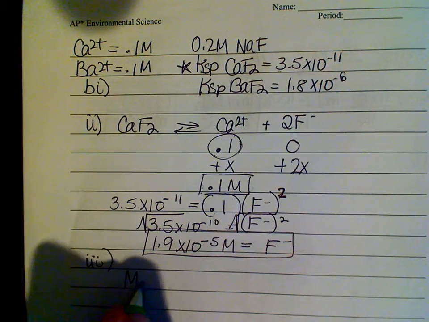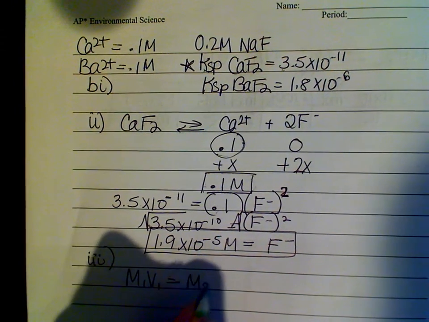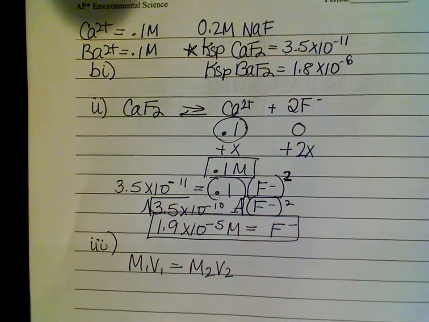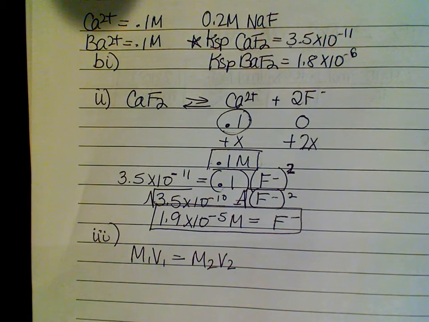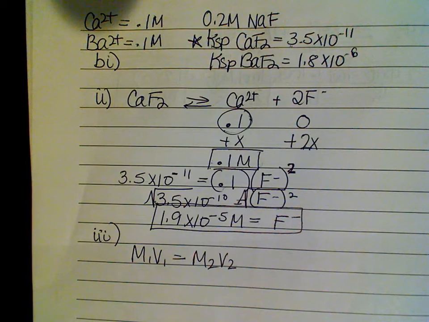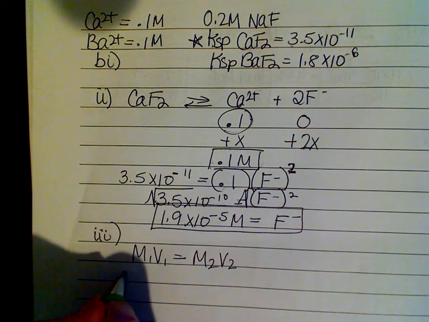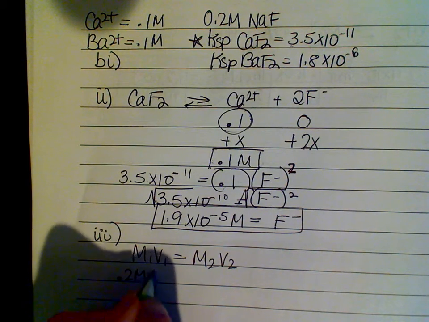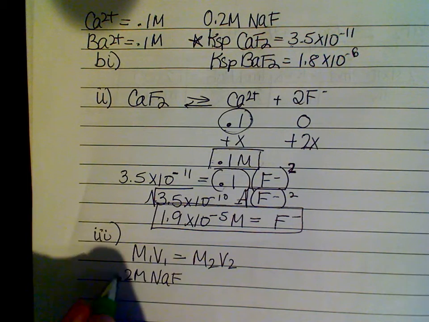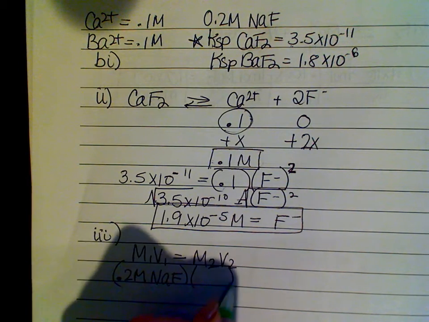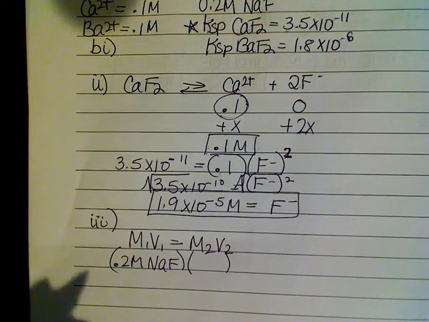So M1V1 equals M2V2, right? M1 is always going to be your highest concentration. So I'm going to use the 0.2 molar NaF from the problem, times the volume that made it precipitate.